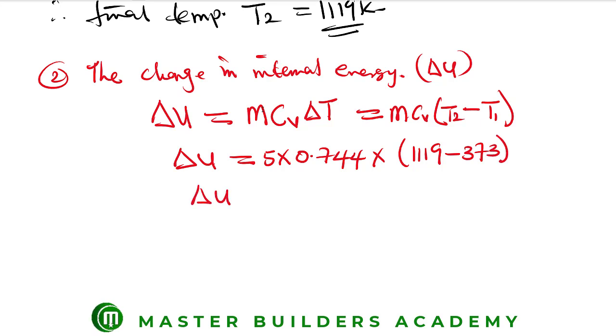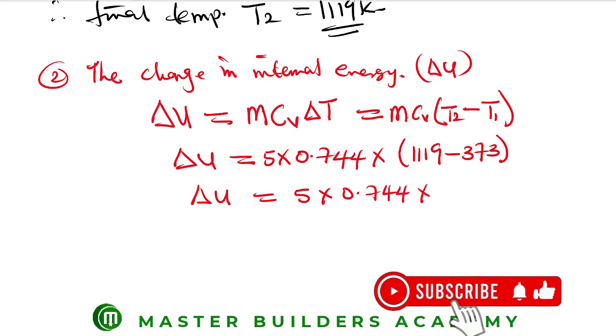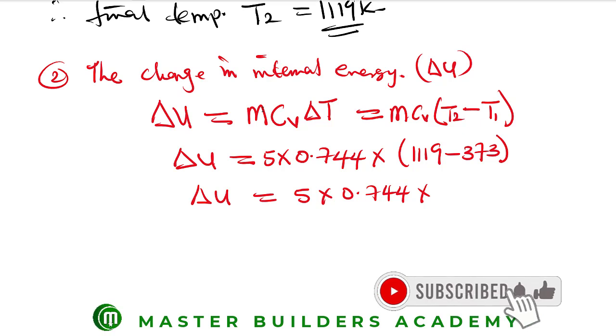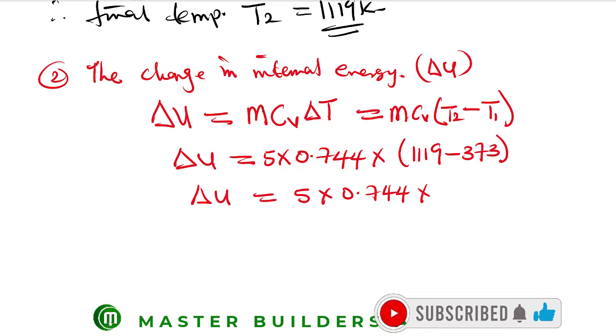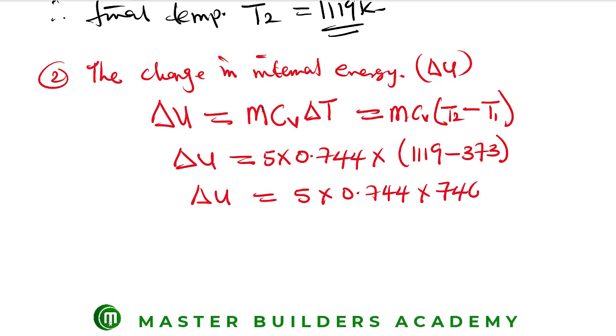Then change in internal energy becomes 5 multiplied by 0.744 multiplied by, if we remove 373 from 119, we will automatically have this result as 746.